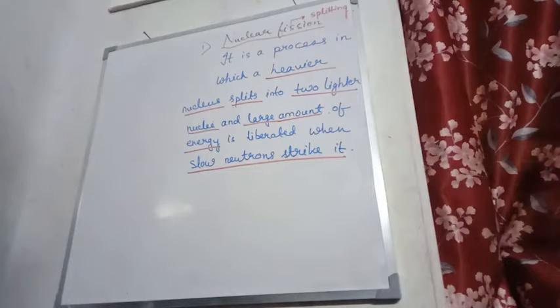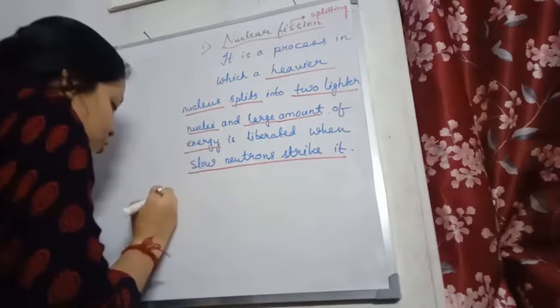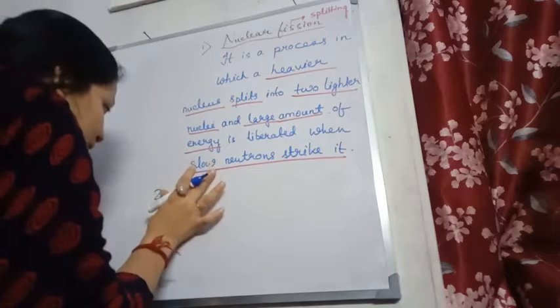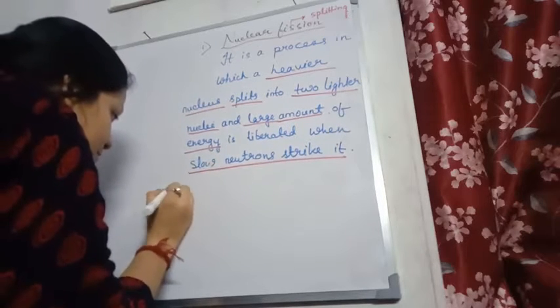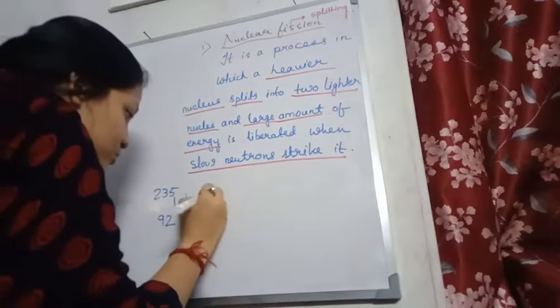Now we'll do the equation. Very common equation we have: uranium 235, 92.